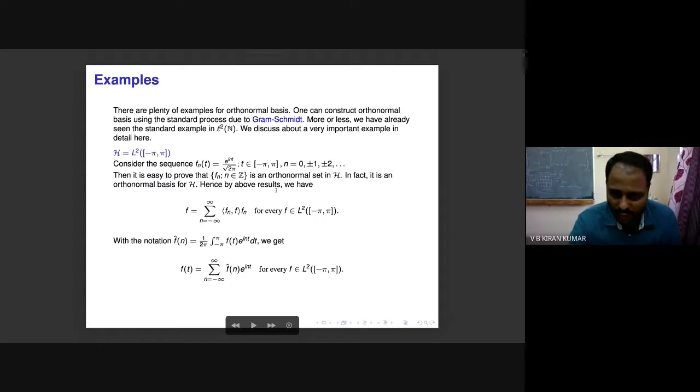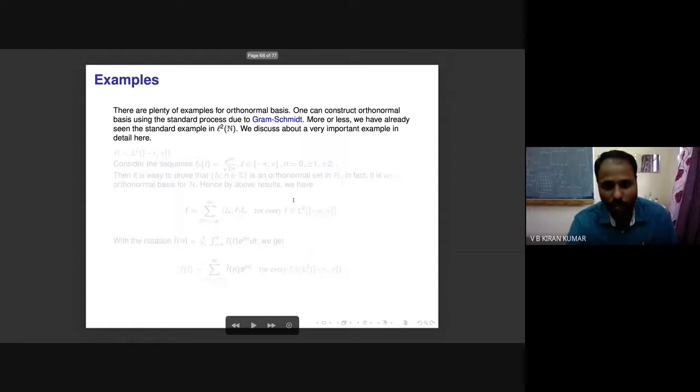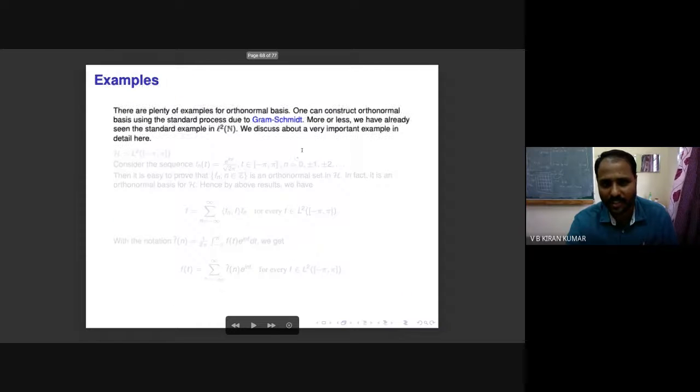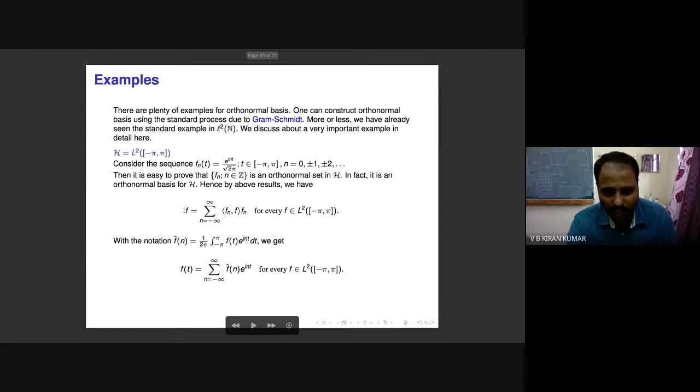So once it is settled, you obtain that this is an orthonormal basis, and this is known as the Fourier basis for L2. Now simply use the abstract Fourier expansion we just proved above. Whenever it is an orthonormal basis, we have this. So that tells you that f equals the sum of the inner product of f and f_n times f_n.